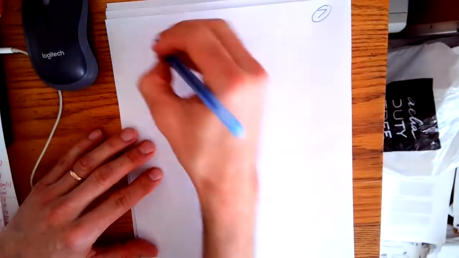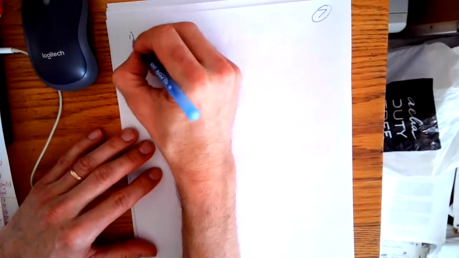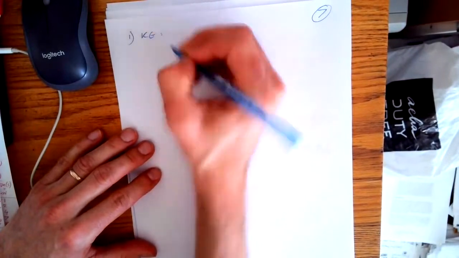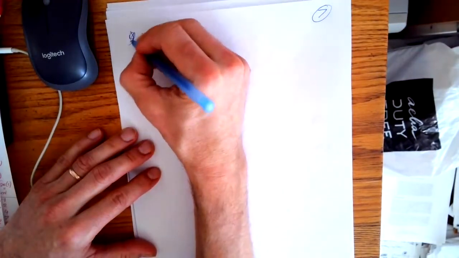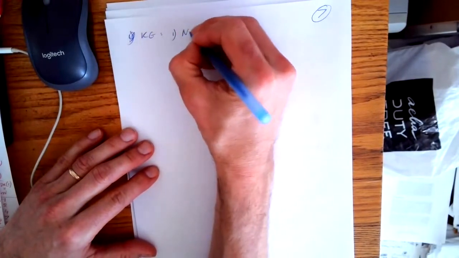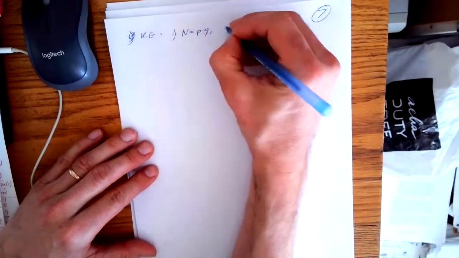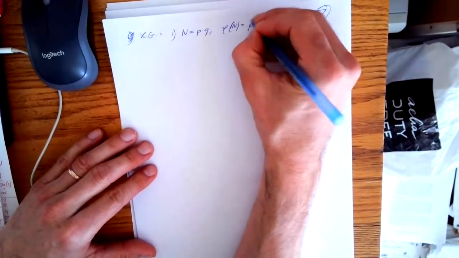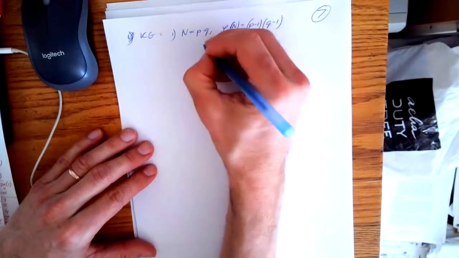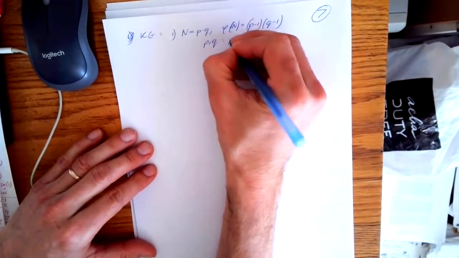So let's move to encryption and decryption, of course. All right, so I will just copy the basics of the key generation, so you can see. Key generation was n is p times q, phi of n is p minus 1 times q minus 1, p and q are prime.